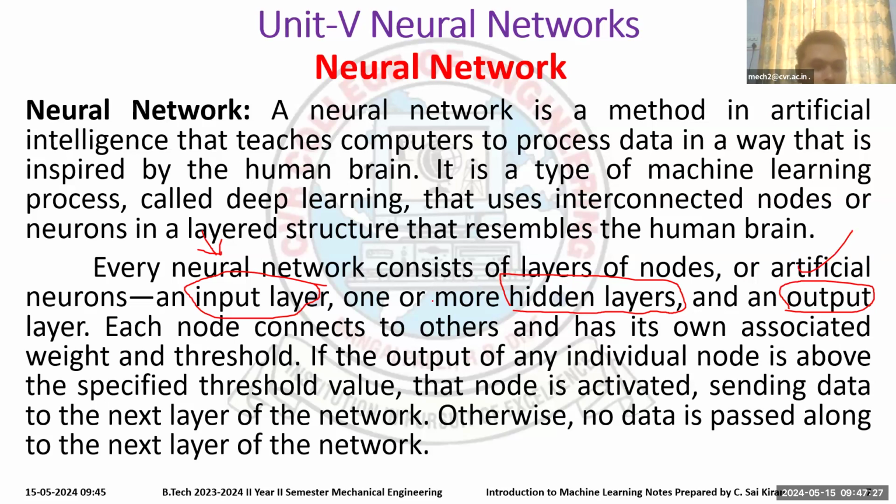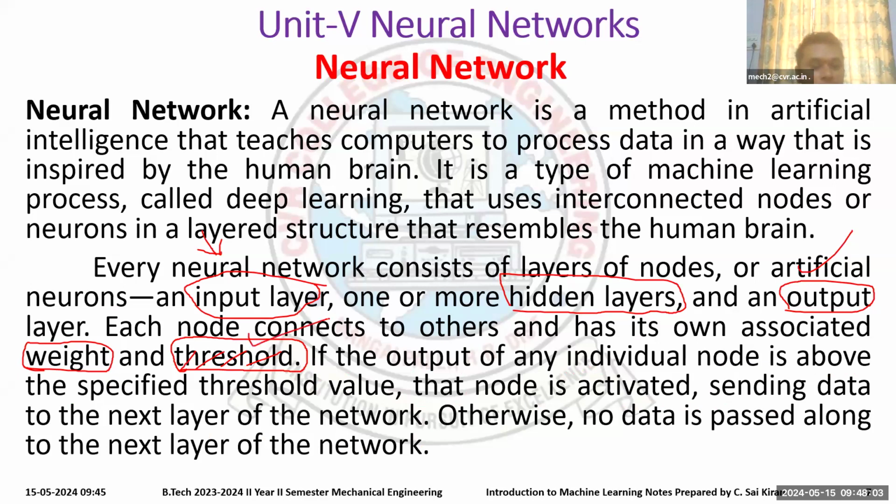Next, each node connects to the others with its own associated weights. If the number of inputs increases, then we have to give a weight for each input. And we have some threshold value. If it reaches the threshold value, then only it fires or activates. If it doesn't reach the threshold value, then it doesn't activate. If the output of any individual node is above the specified threshold, that node is activated, sending data to the next layer.